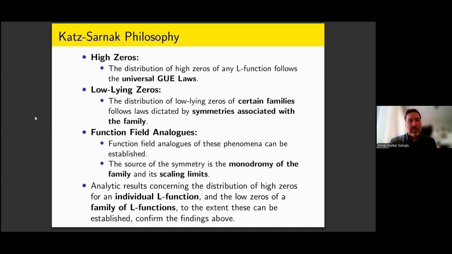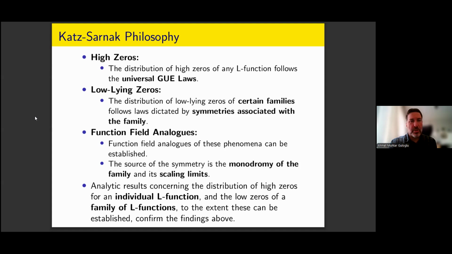They have the same statistical distribution as certain classes of matrices, in this case Hermitian random matrices. So the eigenvalue distribution of matrices matches the distribution of zeros of L-functions. And this is for a single L-function.